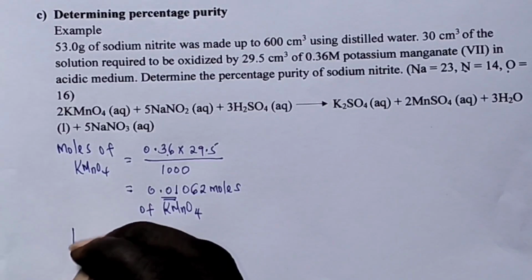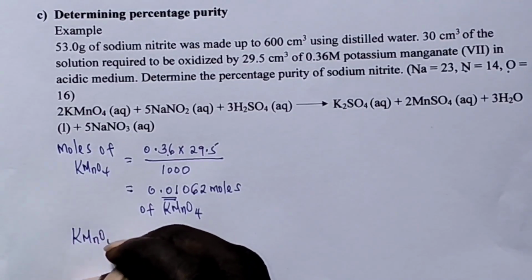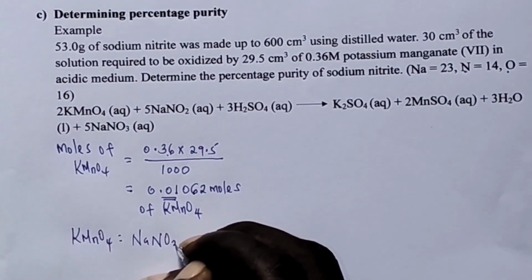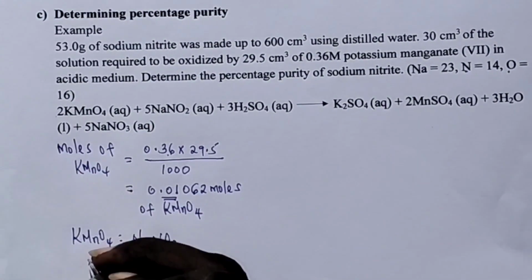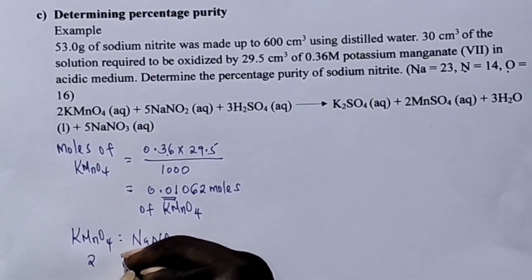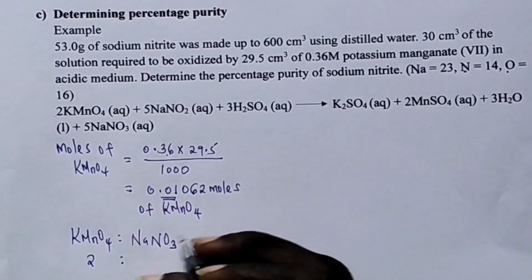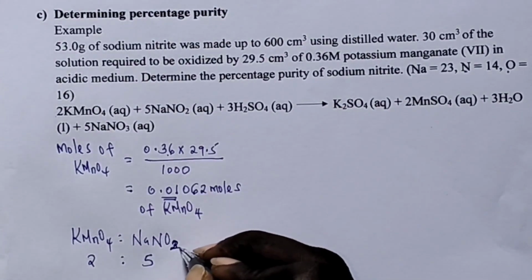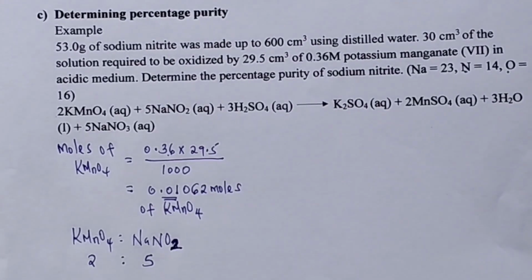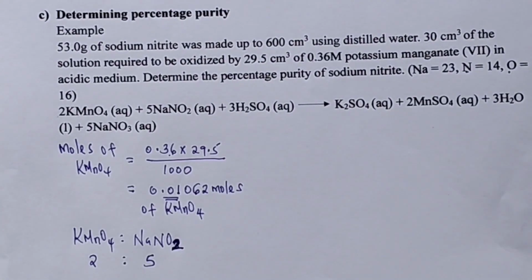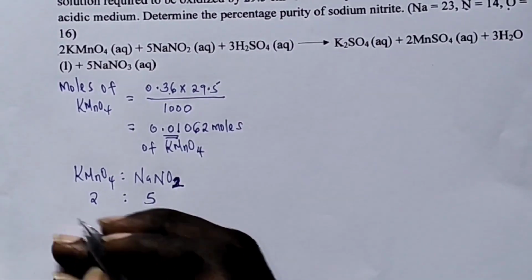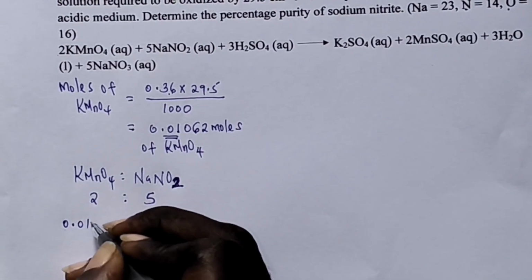If we check potassium manganate(VII) to sodium nitrite, the mole ratio is 2 on the side of potassium manganate(VII) to 5 on the side of sodium nitrite. We know the number of moles of potassium manganate(VII) is 0.01062.